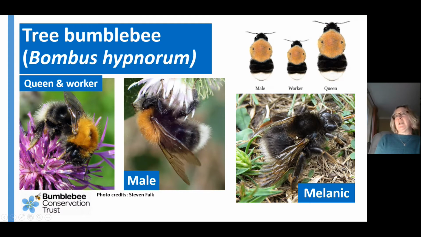You can see a tiny bit of the reddy ginger still persisting there on this one. But this melanic form is relatively frequent, and this picture was actually sent to me by somebody who'd taken this in their garden, but you can still see it has the distinctive white tail. Okay, so do look out for these forms if you have a tree bumblebee nest in your garden.